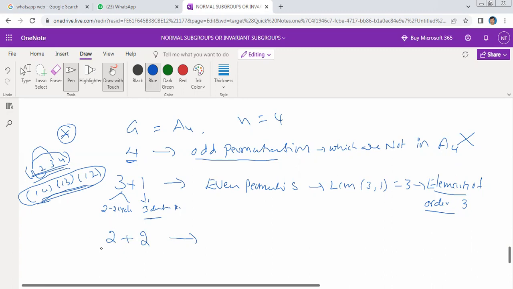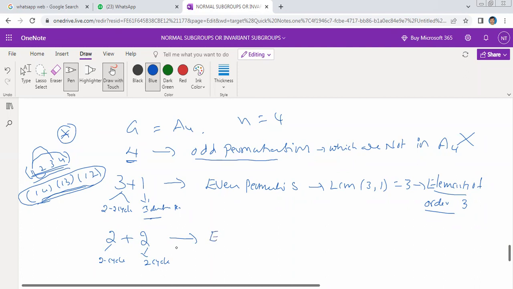Can anybody say? Length 2 is one 2-cycle, and it is another 2-cycle. How many 2-cycles are there? 2 transpositions, which is even or odd? Even.